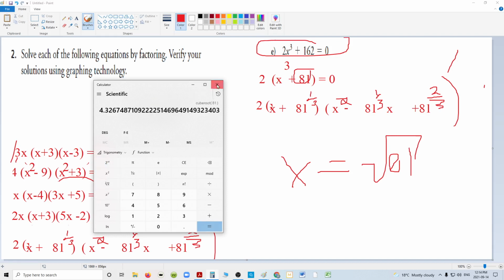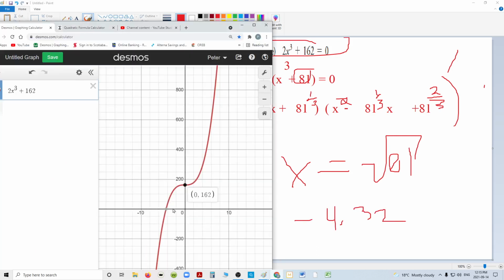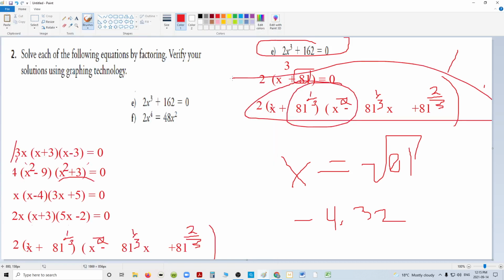So at minus 4.32, we should find what we're looking for. There it is. That's my bad. But notice I could still come up with it by understanding the cube root formula.